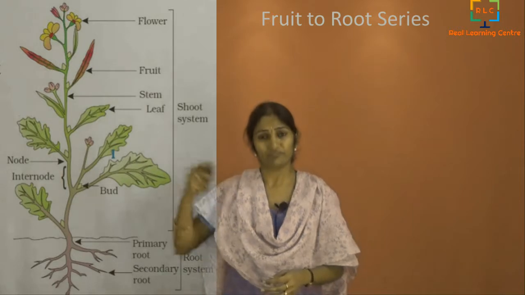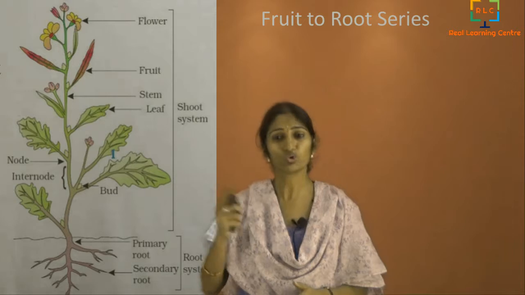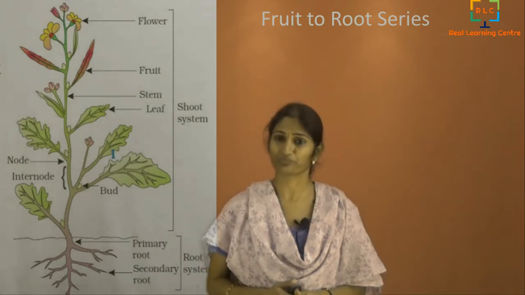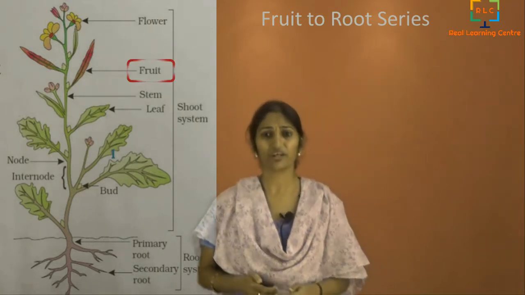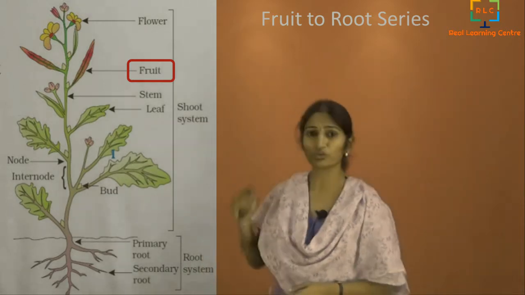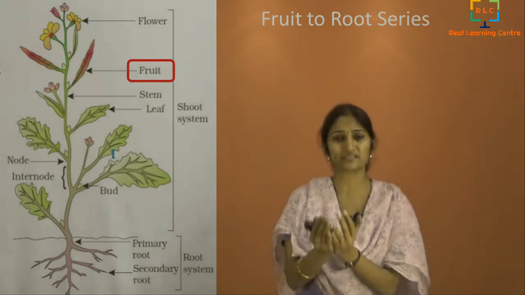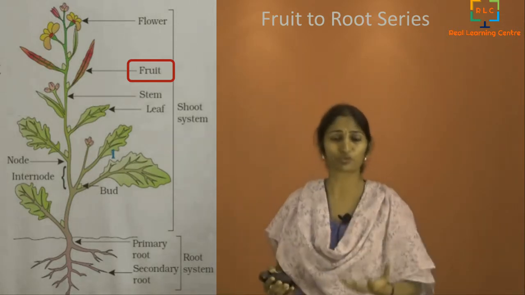So this ends and concludes our fruit to root series. In this series, we started our study by studying the fruit. We found out why plants and trees make fruits.